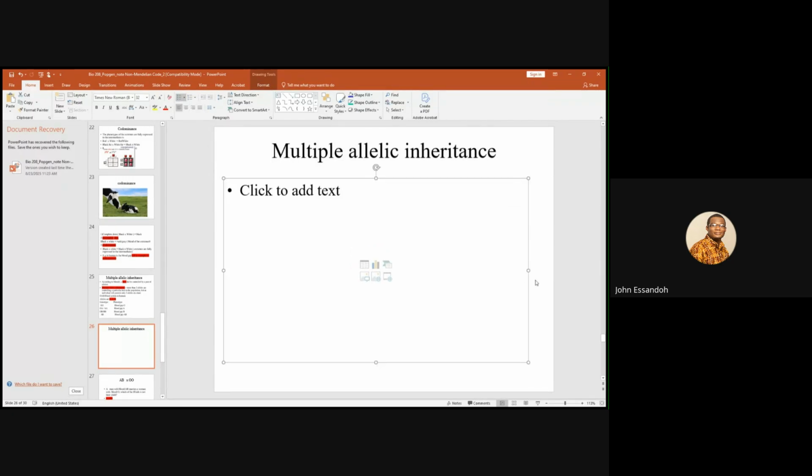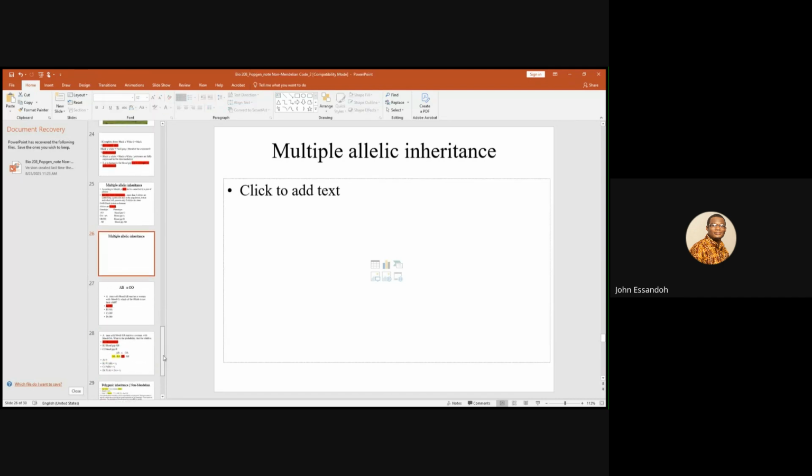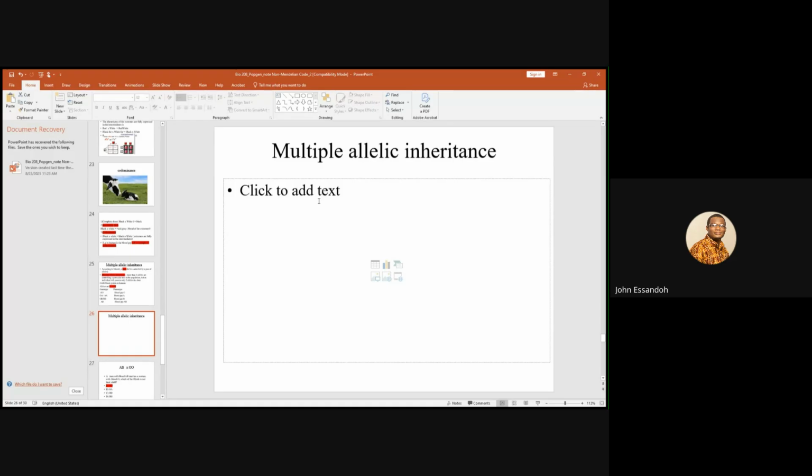According to Mendel, a trait is controlled by a pair of alleles. In Mendelian genetics, we said that a trait is controlled by a pair of alleles.